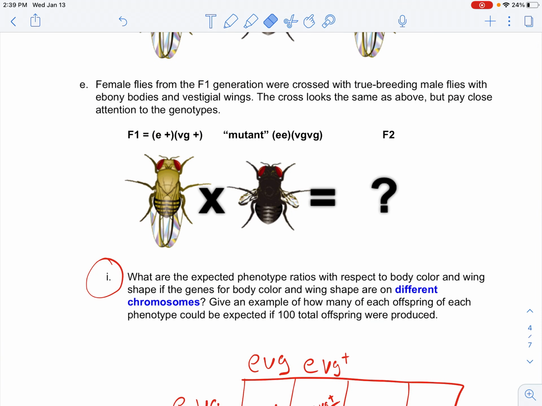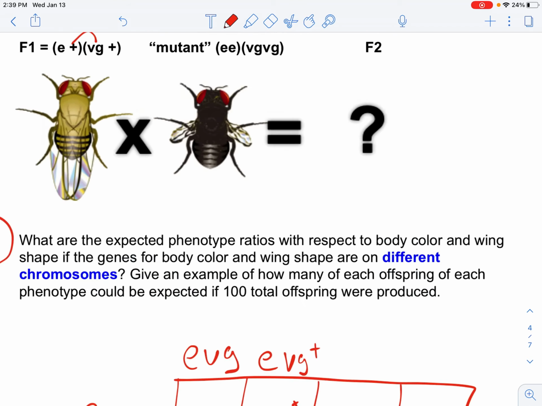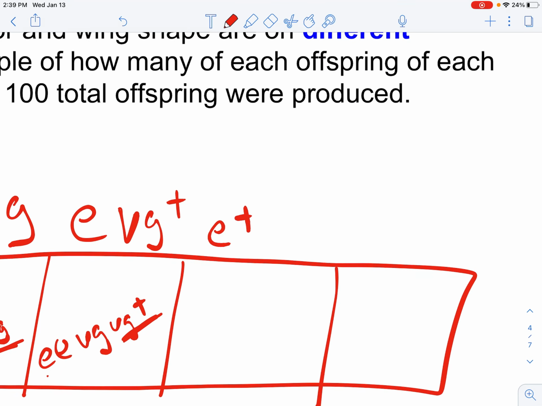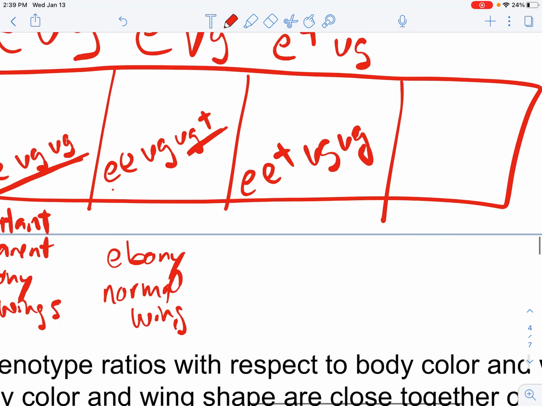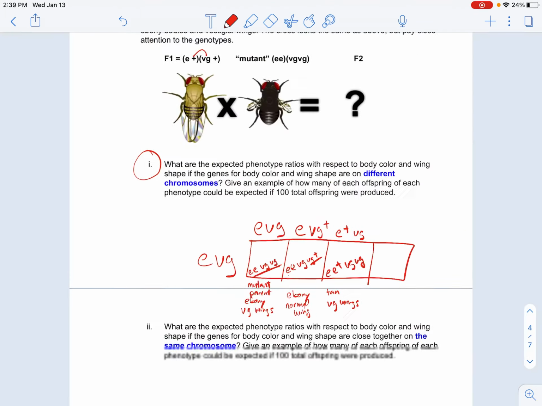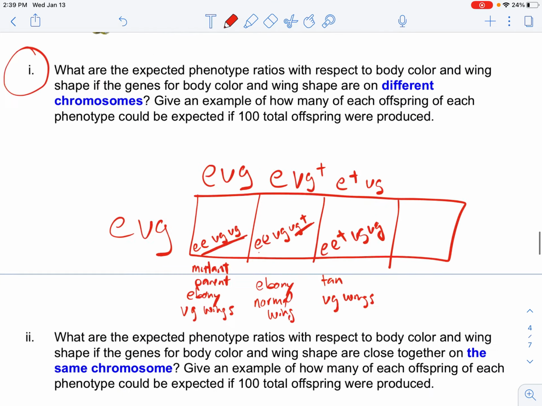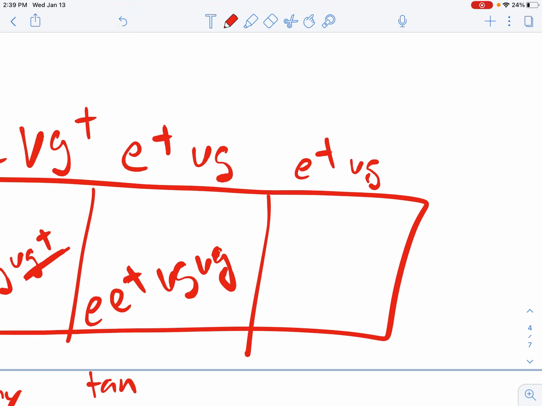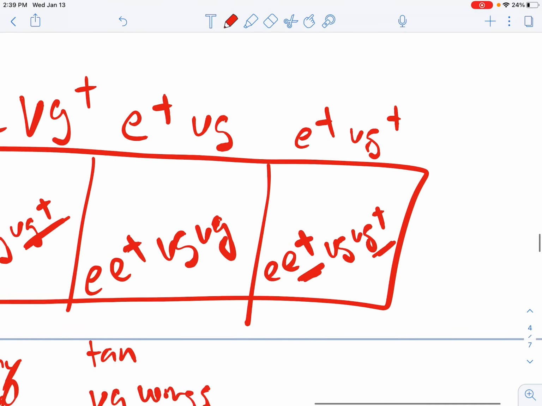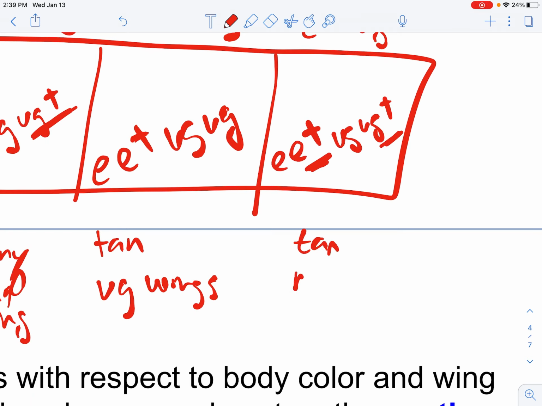Okay, and then if we do this one next, that's E plus VG. So this one is tan color and vestigial wings. And if we do this last one here, we get tan color and normal wings.